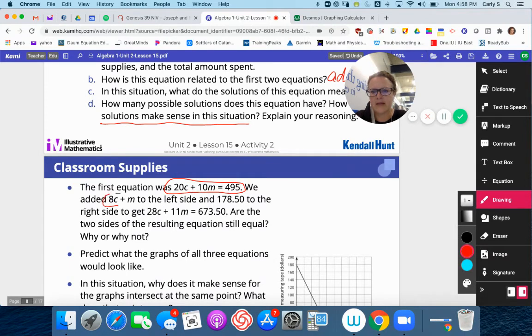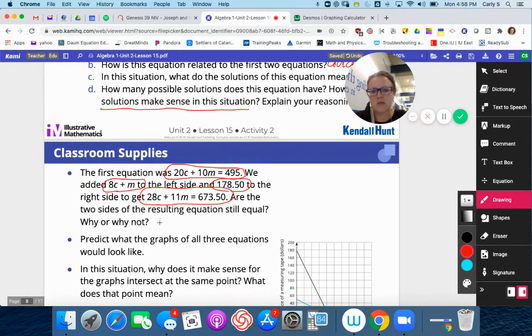We added 8C plus M to the left and 178.50 to the right and got 28C plus 11M equals 673.50. The two sides of the resulting equation still equal. Okay, yes, because we graphed it and it still gave us the same solution. Because we added them together and it didn't change anything, they're still equal. We proved that in our warm-up.